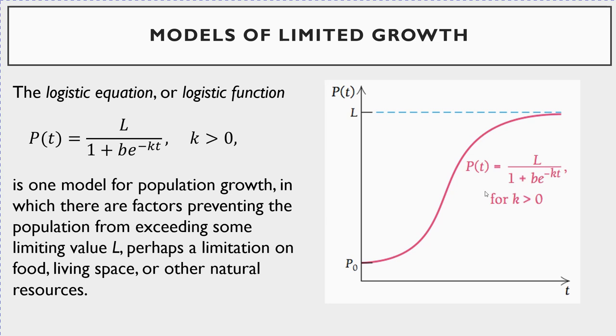So what this means is you can't grow past this number. Perhaps there's a limitation on food, living space, or other natural resources. After you reach a certain amount of people, you can't grow anymore. If you think about the planet Earth, we have limited resources, we can't support 100, 200 billion people. It just wouldn't make sense.